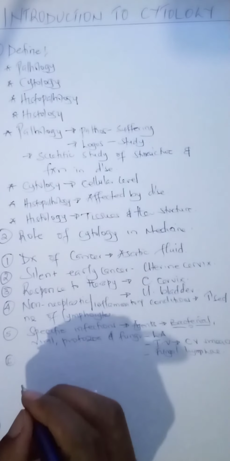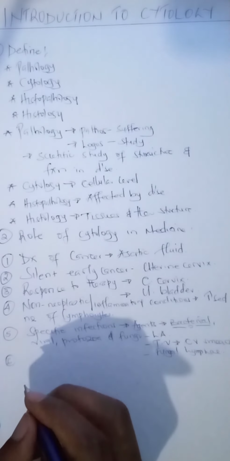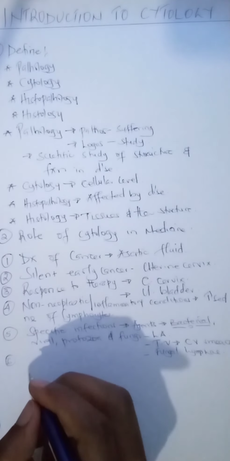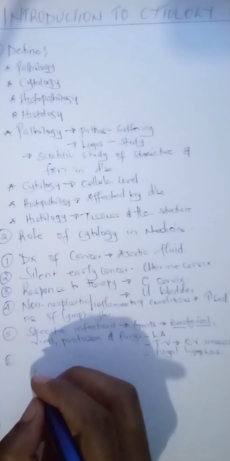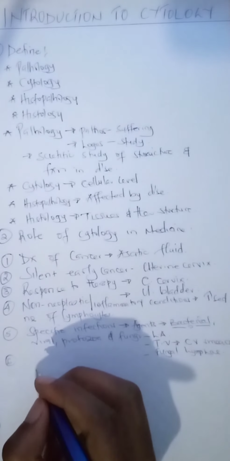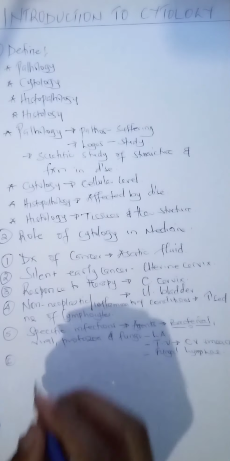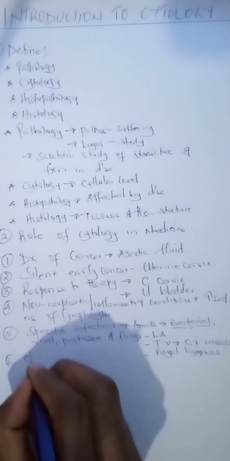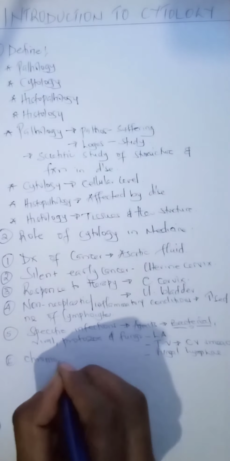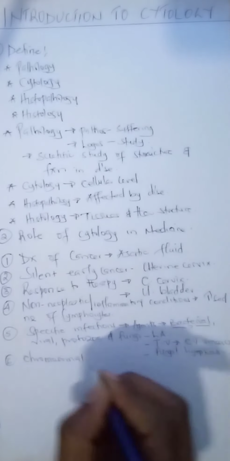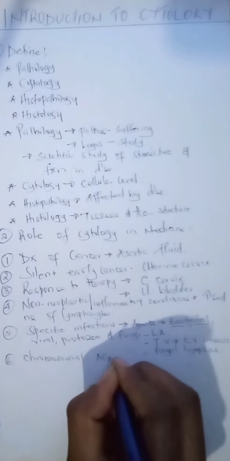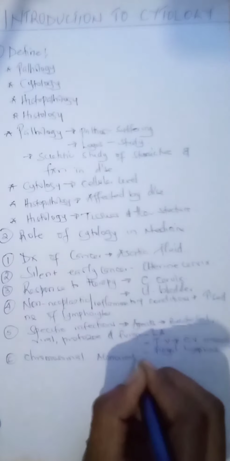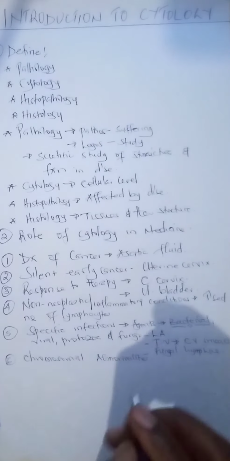Number six, cytology is very important in identification of chromosomal abnormalities under cytogenetics. So, cytology can help us to detect various chromosomal abnormalities by using various methods.